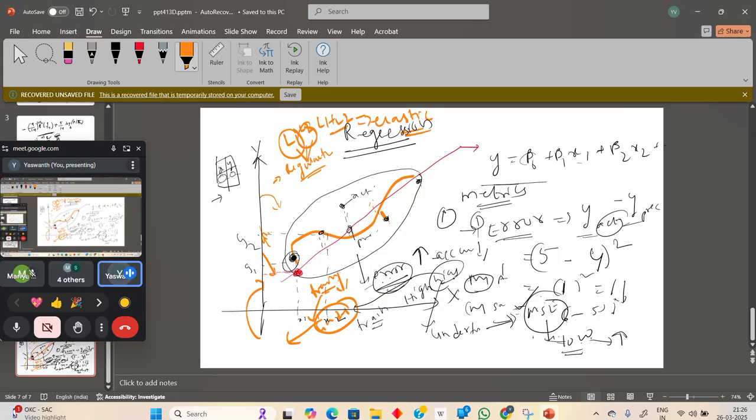Got it? So we are now discussing only underfitting. In underfitting, if we use L1 regression, that means lasso regression, then of these coefficients, beta 1, beta 2, beta 3, beta 4, beta 5, beta 6, some we will reduce to 0.